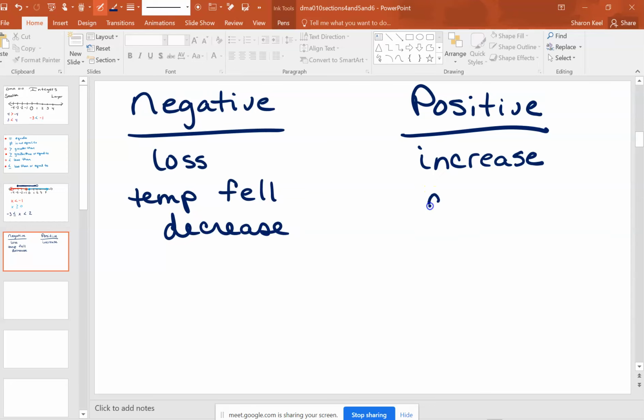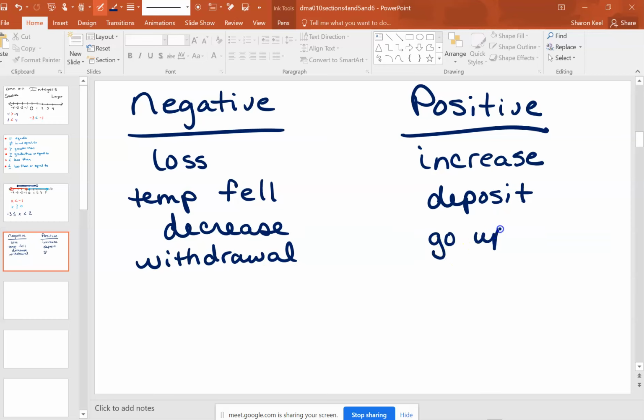If you make a deposit in your checking account, that's going to be a positive. If you make a withdrawal or you write a check, that's going to be a negative. If you walk upstairs, that would be a positive. If you go down something, that would be a negative.